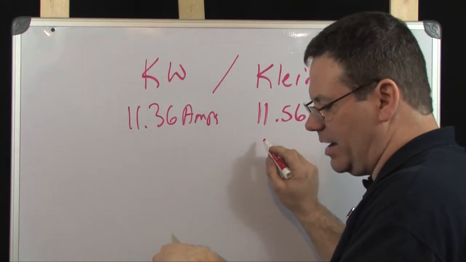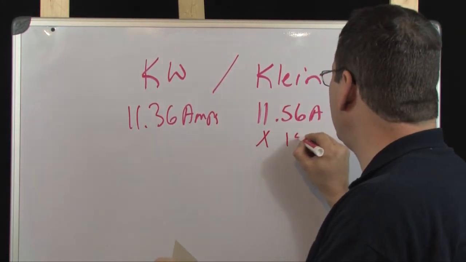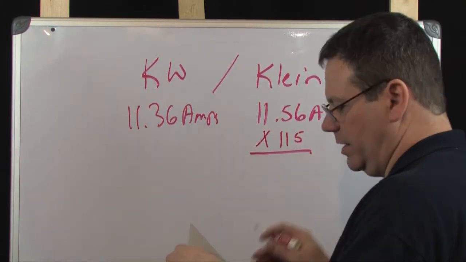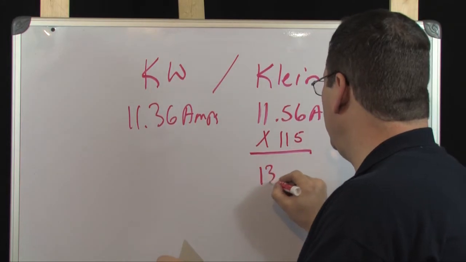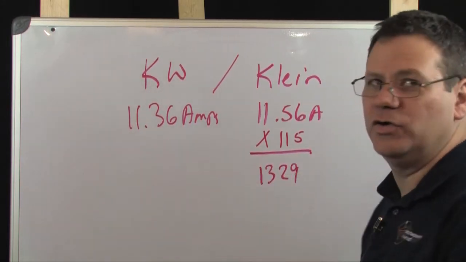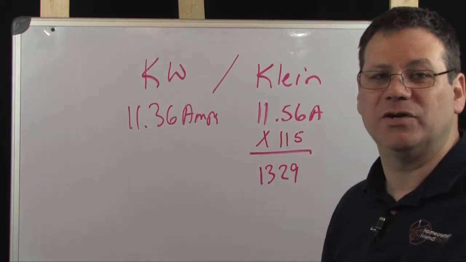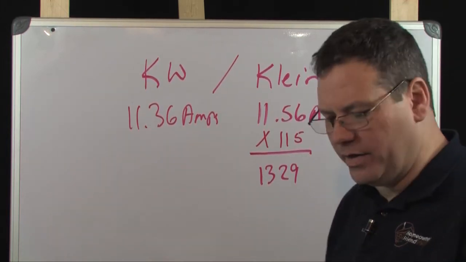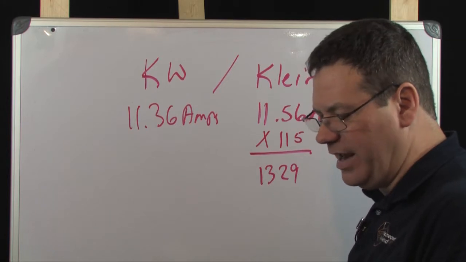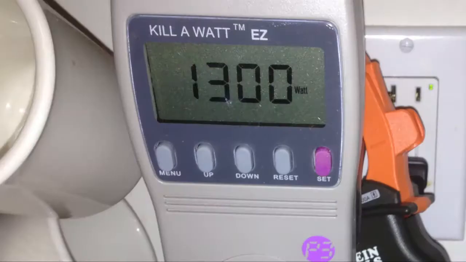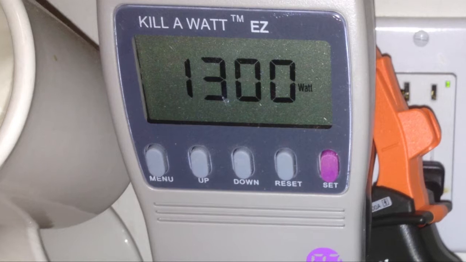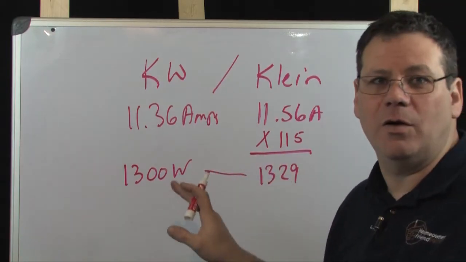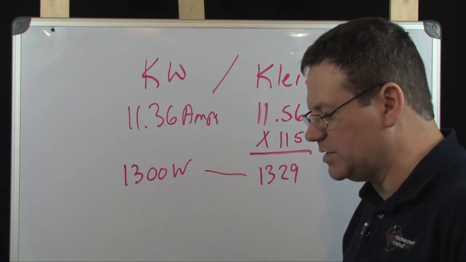If you take the Klein reading and multiply that by 115 volts, which is about what I was reading when I did the test, it comes out to 1,329 watts of consumption when it's heating water, which is most of the power it uses. The kilowatt meter read 1,300 watts when I went into that function. So again, they're pretty close, within a couple of percent.